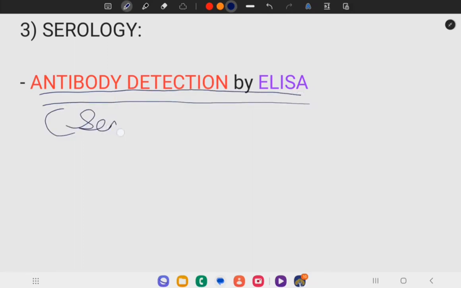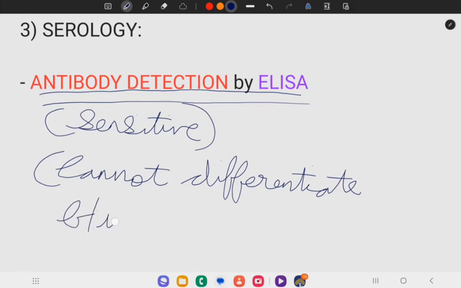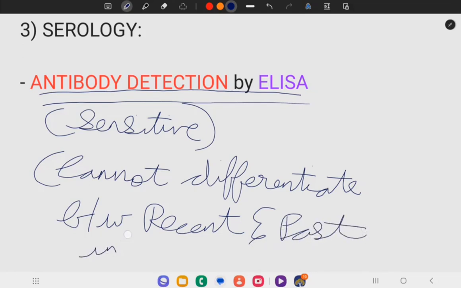Though it's sensitive, it cannot differentiate between recent and past infection.